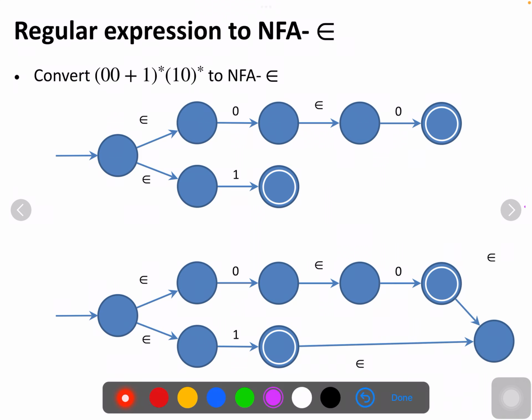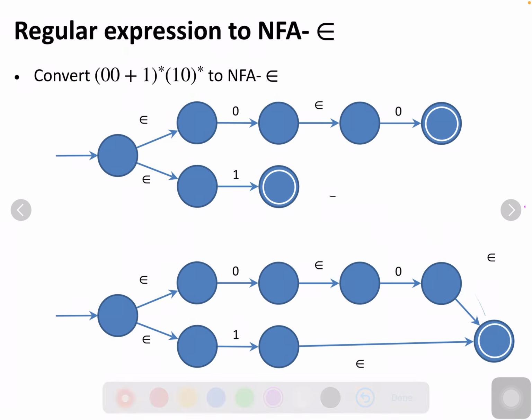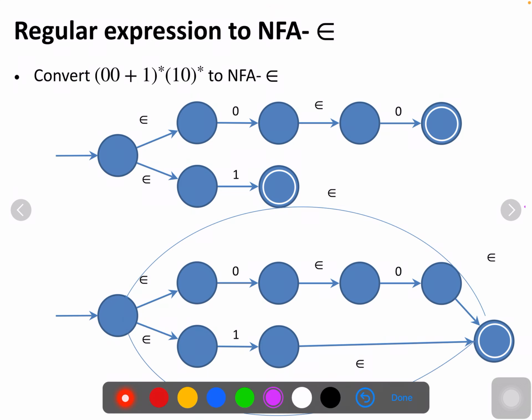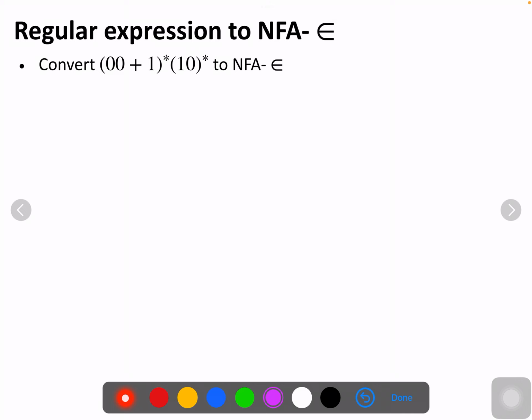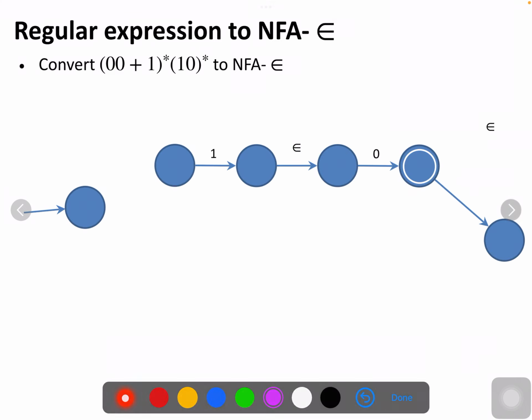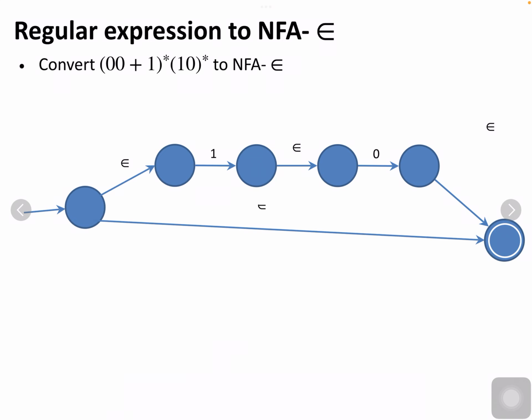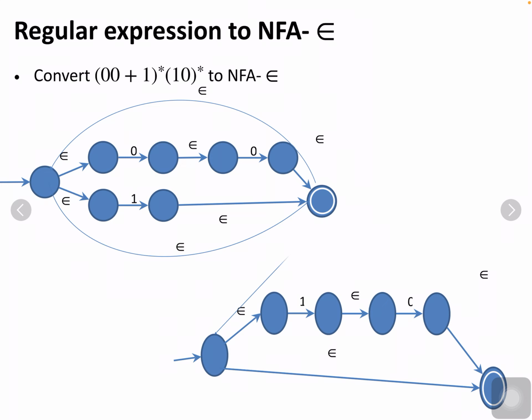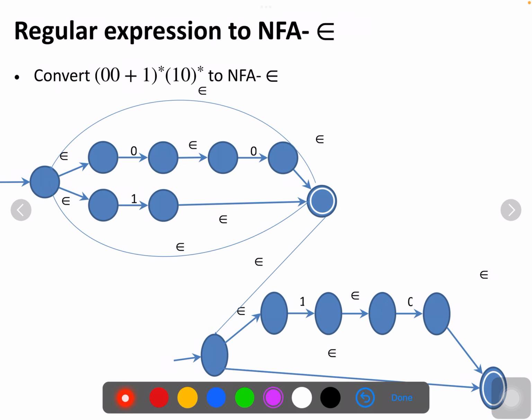We'll join these two, go over to the final state, then this will become epsilon, this will become epsilon, followed by this one, followed by this. You have to construct this very easily, then you have to do this, that becomes epsilon.